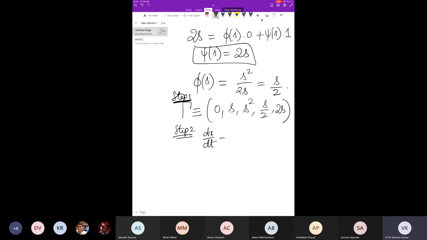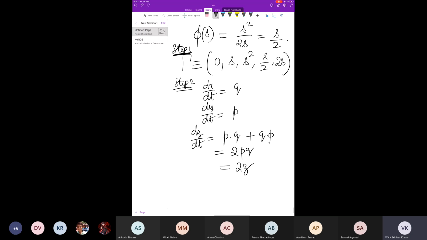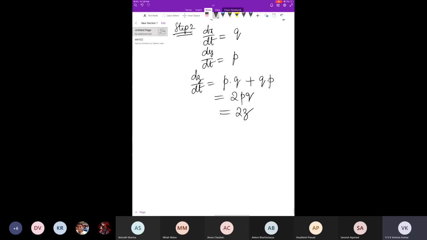Okay, and this is the system: dx upon dt is equal to f, that is q; dy upon dt is equal to fq, that is p; dz upon dt is equal to p fp plus q fq. So this is 2PQ, but PQ is equal to Z. So dz upon dt is equal to 2Z.